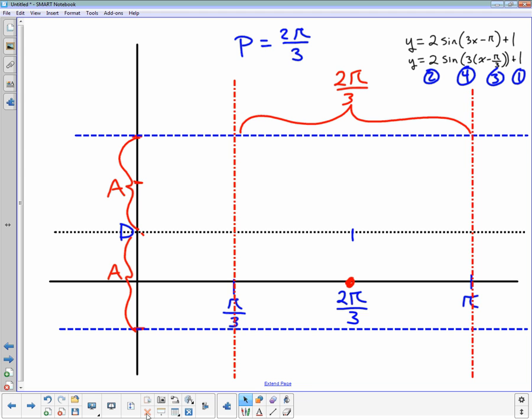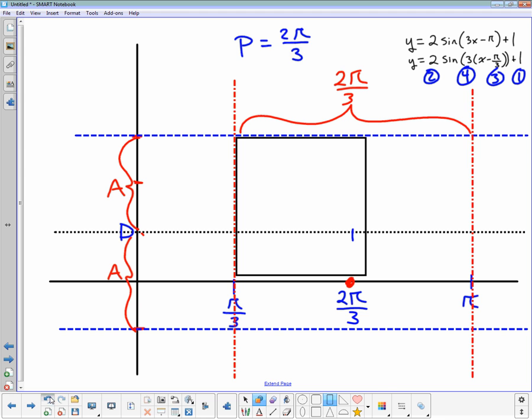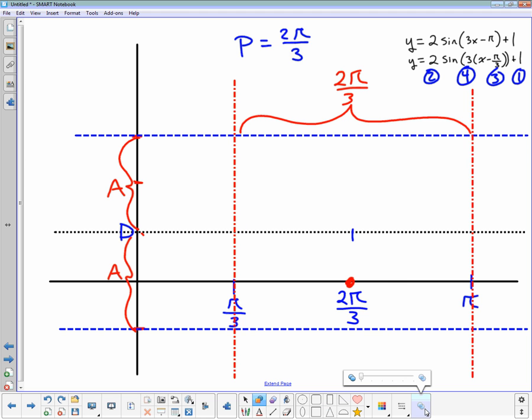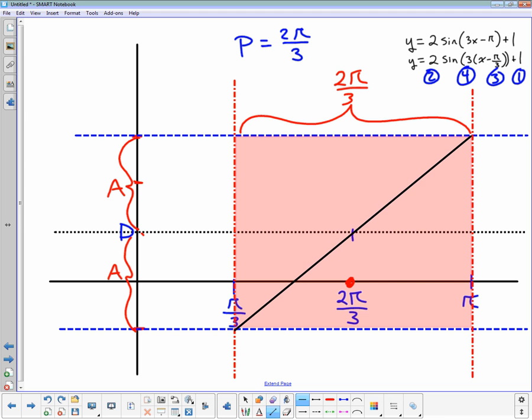Because, ladies and gentlemen, here's an important little thing that's kind of cool. The reason why this works is because there's a property of a rectangle that says when I take the diagonals, the diagonals bisect each other.